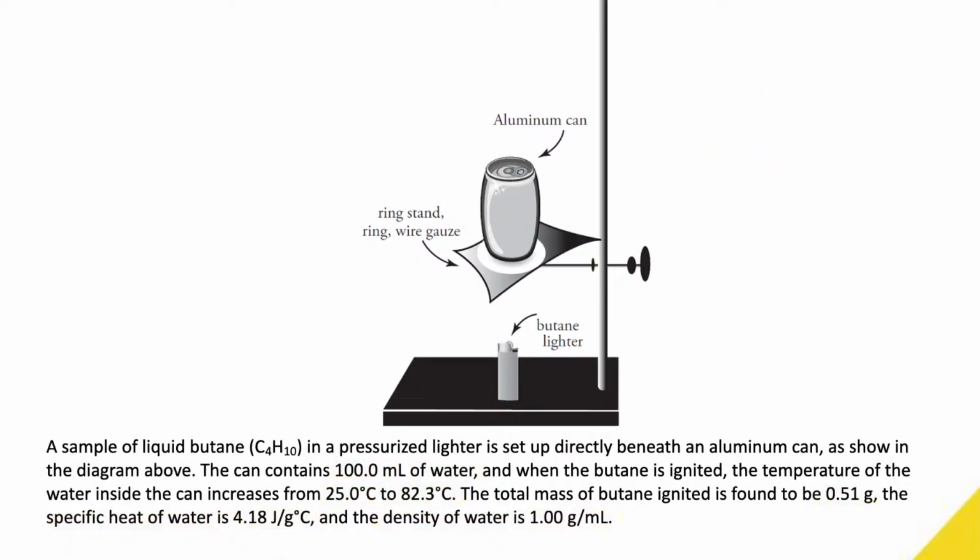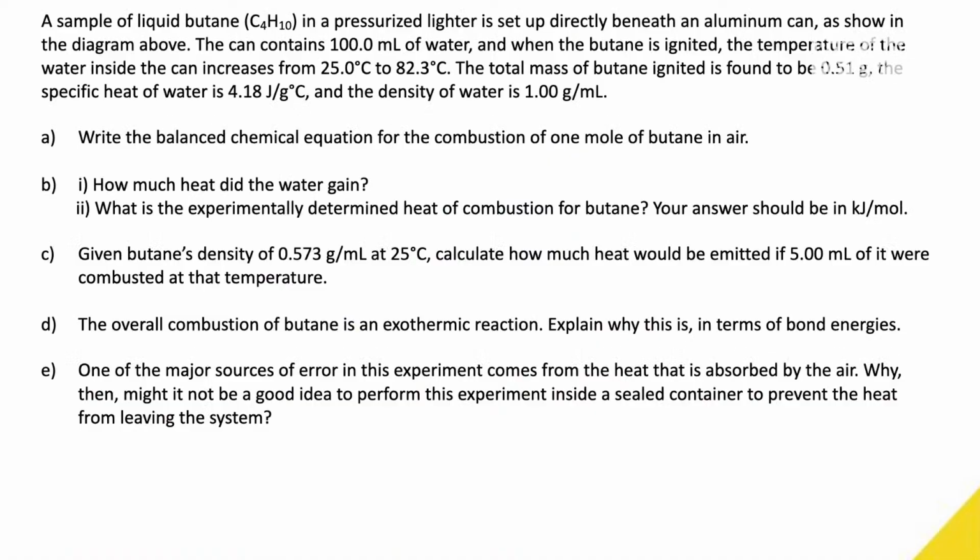Okay, let's take a look at the questions. I'm sorry, here's the background information. Here are the questions that we have. Write a balanced equation. How much heat did the water gain? Things like that. So this looks like there is combustion going on here, and there is heat transfer going on here. So it makes sense to use the equations that I have.